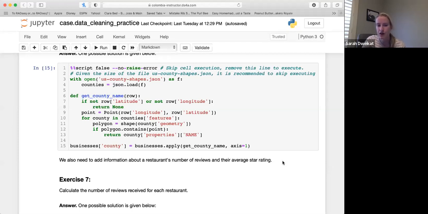Up here we were thinking mostly about our business data set using latitude and longitude, but now we're back to thinking about reviews. As a hint, we want to use our reviews data set to calculate the number of reviews received for each restaurant.